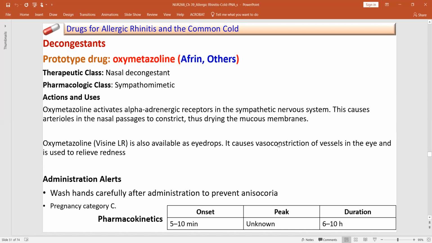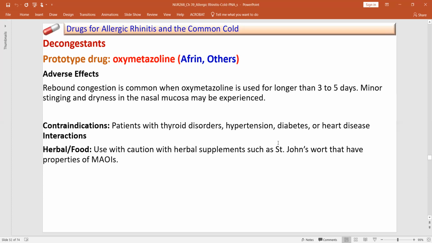The administration alert is to wash hands carefully after administration to prevent anisocoria, which is blurred vision and inequality of the pupil size. As for adverse effects, systemic adverse effects are unlikely.